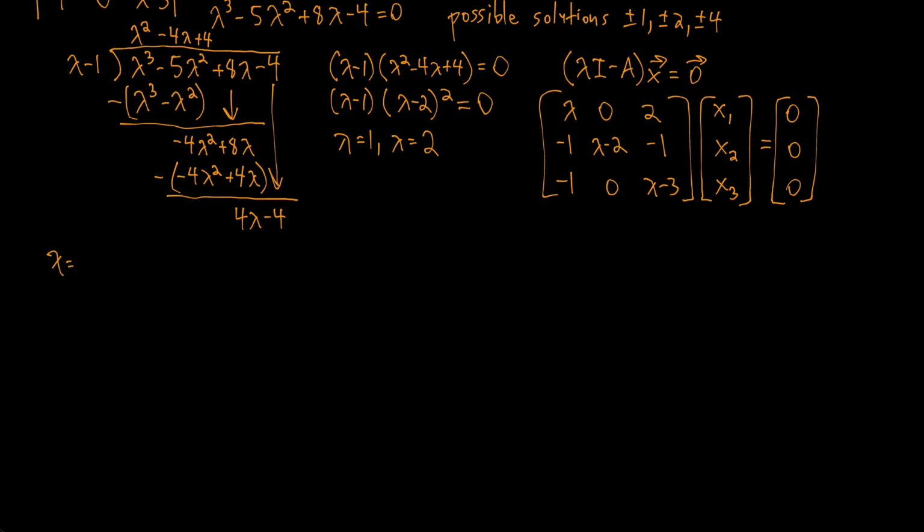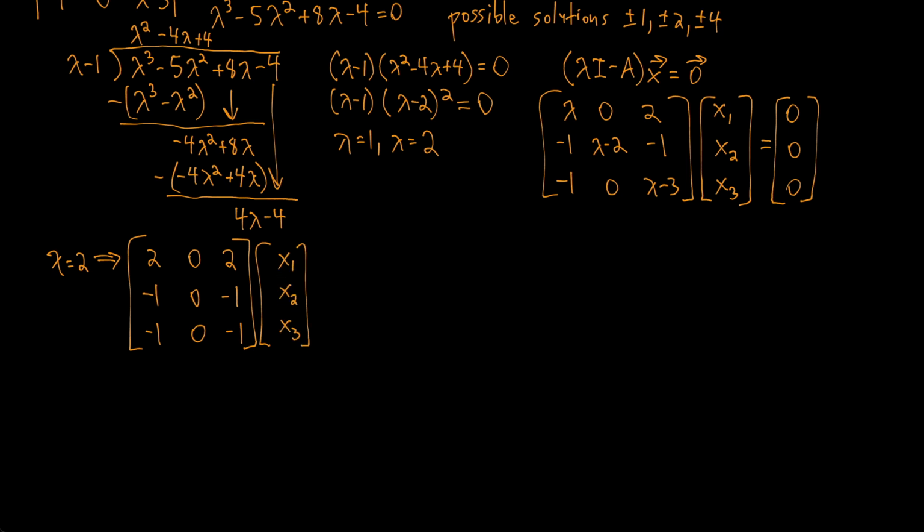If lambda is equal to 2, then that implies that this thing with 2 plugged in for lambda becomes 2, 0, 2, minus 1, 0, minus 1, minus 1, 0, minus 1. And I will multiply that by x1, x2, x3. Okay, so that should be 0, 0, 0.